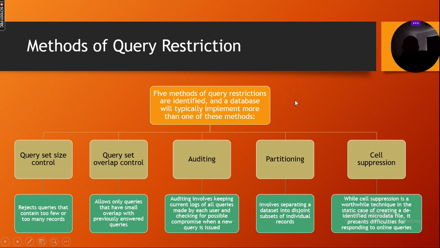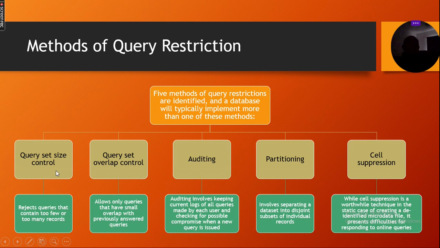Now let's take a look at the methods of query restriction. There are 5 methods of query restriction identified, and a database will typically implement more than one of these methods. The first one is query set size control.